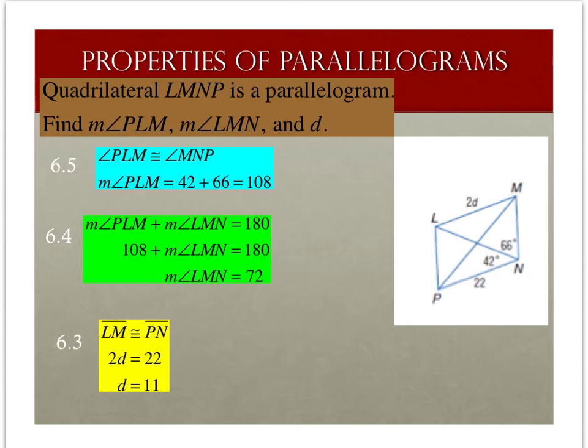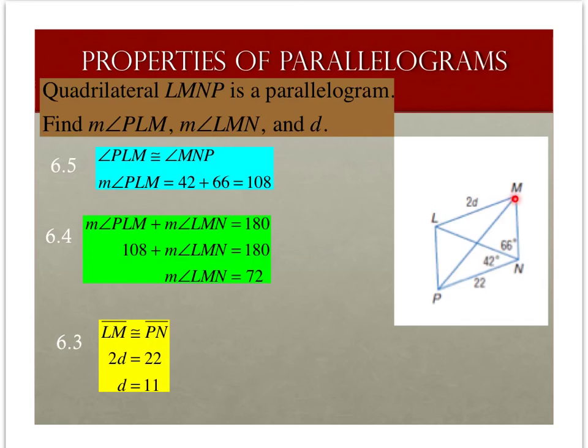So PLM is equal to 42 plus 66. I just use the angle addition postulate. 42 plus 66 is 108. So PLM is equal to 108. Now for the next one, I use the fact that in parallelograms consecutive angles are supplementary.